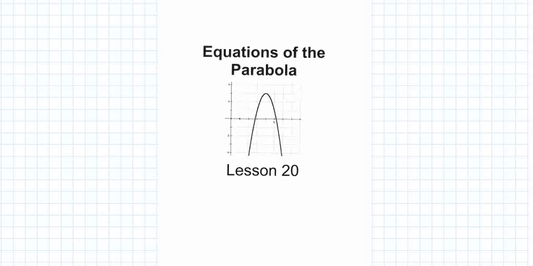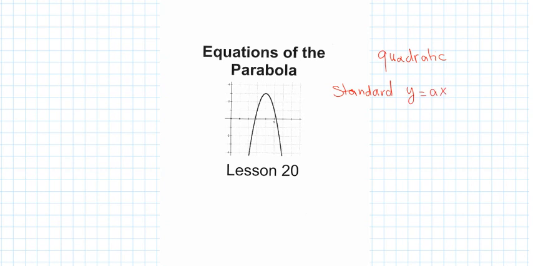Okay? There's three different equations for quadratic. There is the standard form, which is y equals ax squared plus bx plus c.